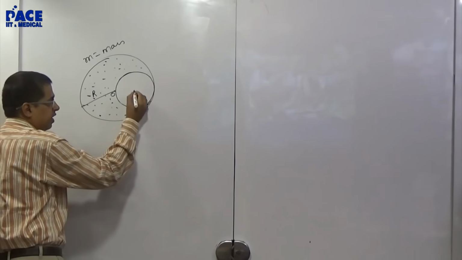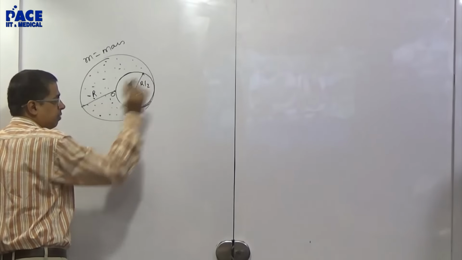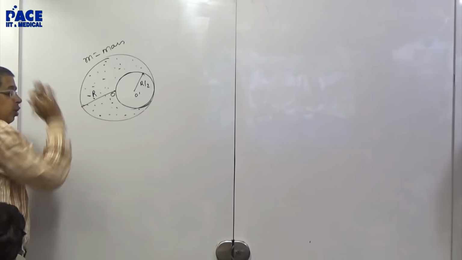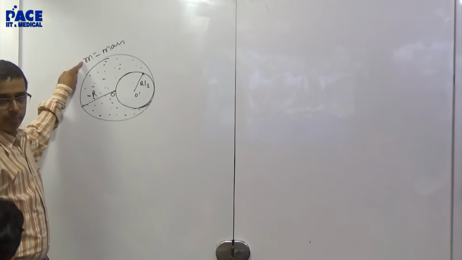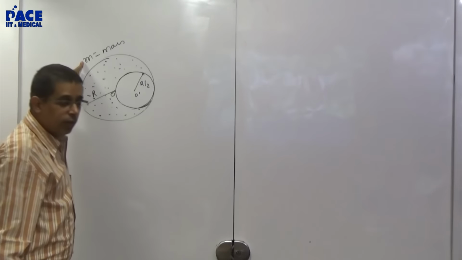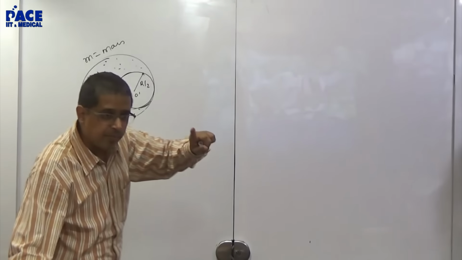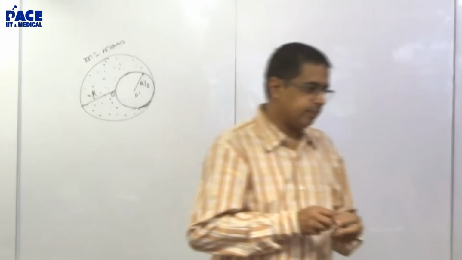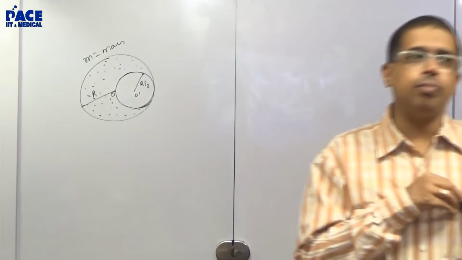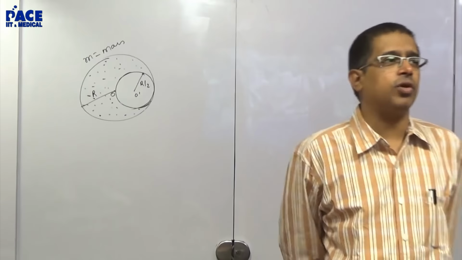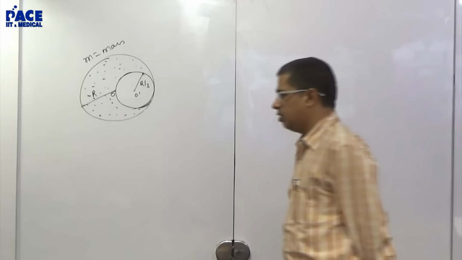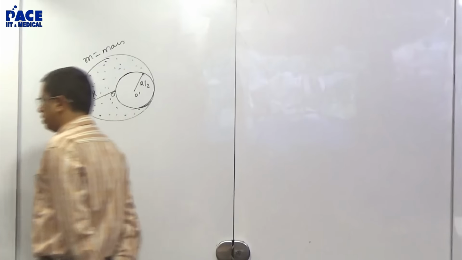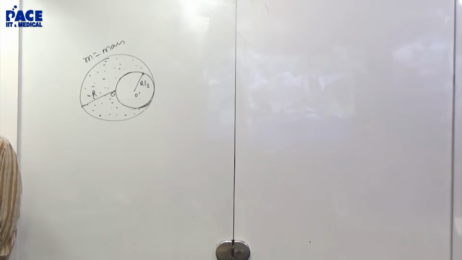Another circle of radius r by 2 is cut out from this. The leftover dotted region has mass m. Write down the statement. Find the moment of inertia of the leftover disk.